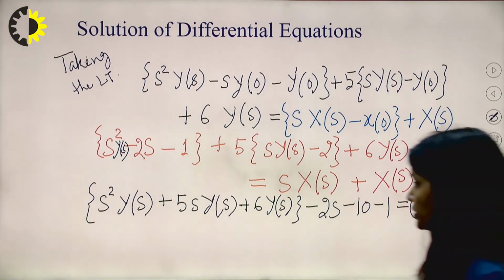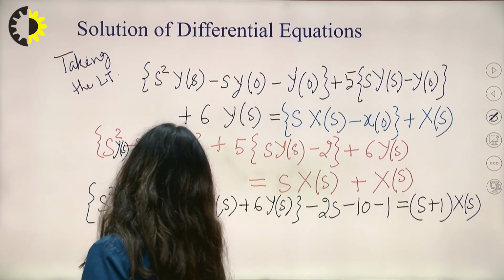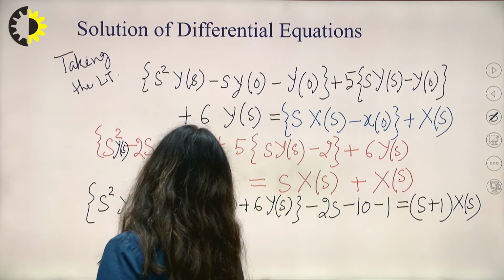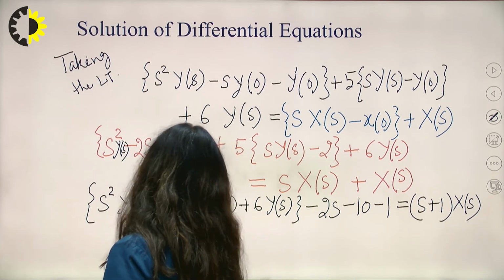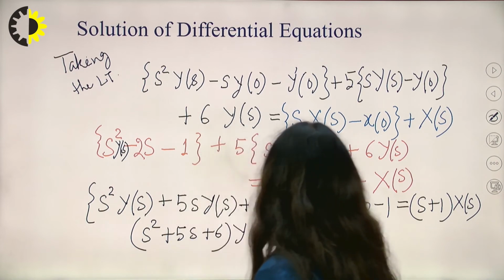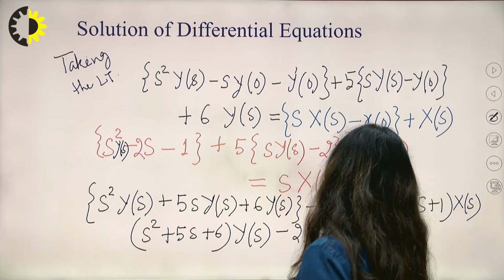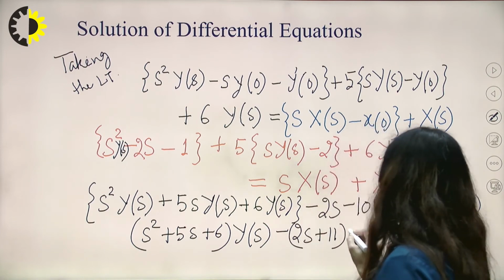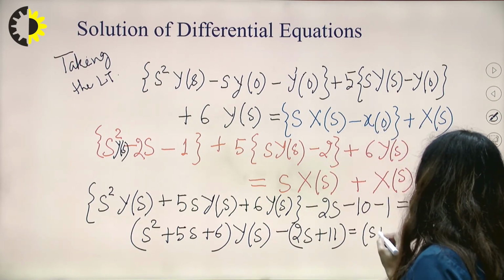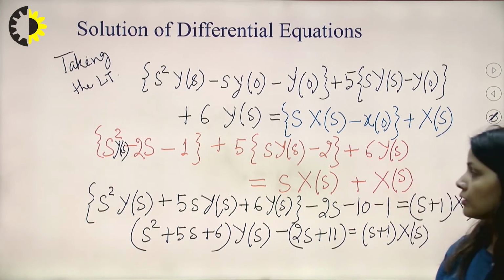That means the equation comes out to be (s² + 5s + 6) Y(s) − (2s + 11) = (s + 1) X(s).